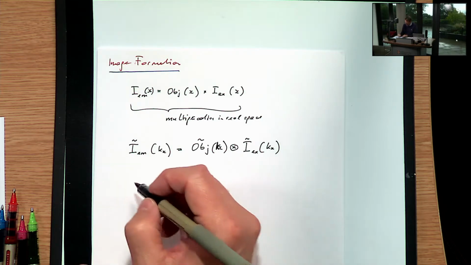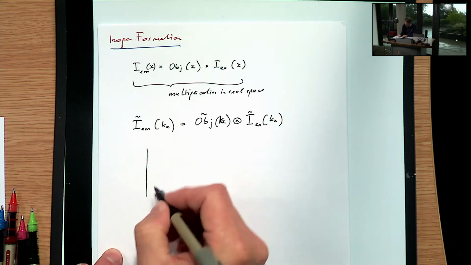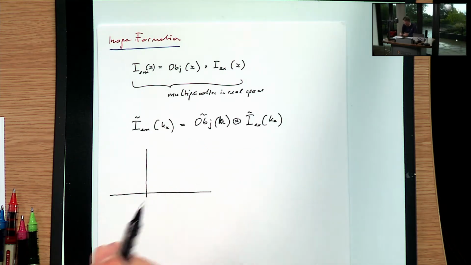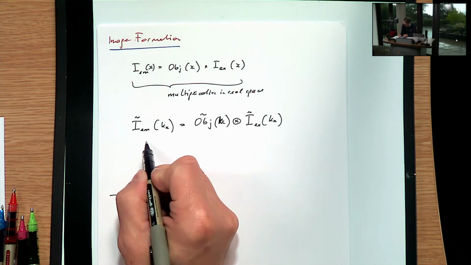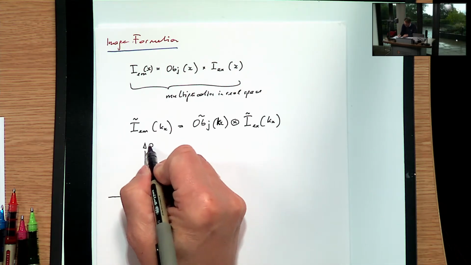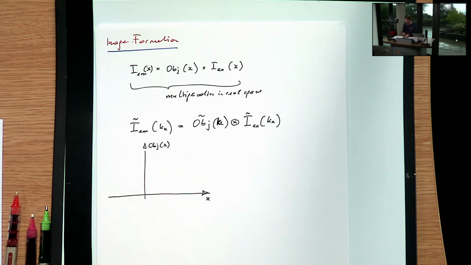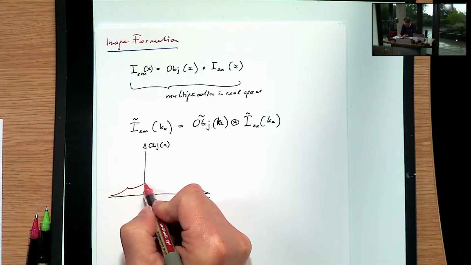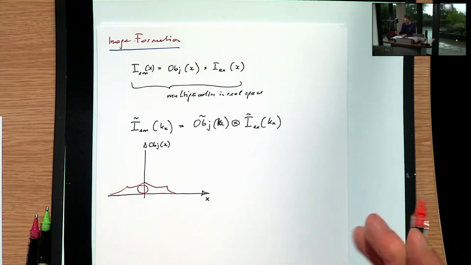So if I were to sketch this, then perhaps I make an object which I just symbolize. So this is x, and this is the object, the sample function. Let's make this something like that, a cell. Of course, this isn't a proper function as such, but you get the idea. The real object may be a cell, for example, with a nucleus, labeled with fluorophores, it doesn't really matter.